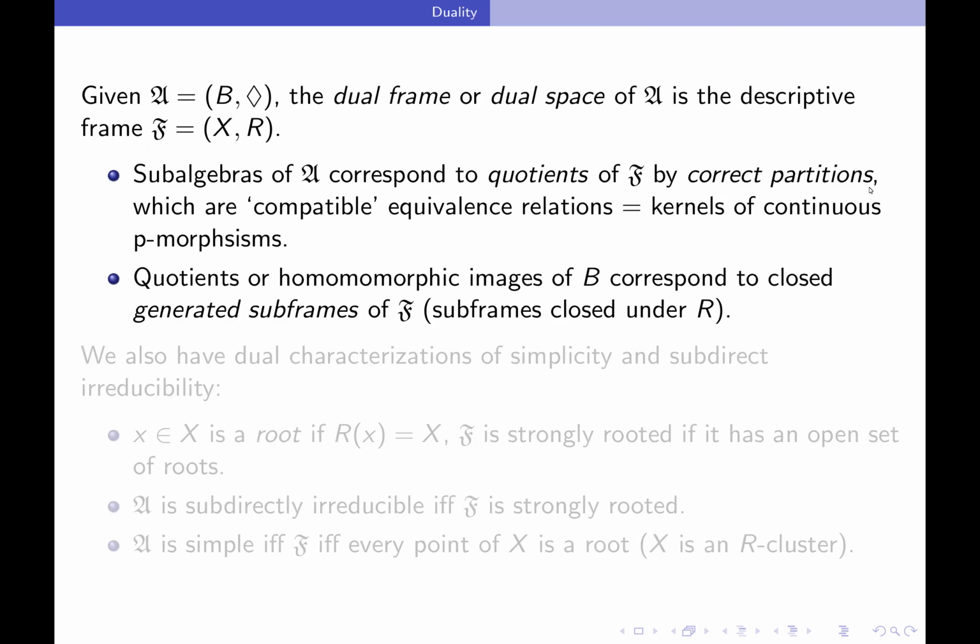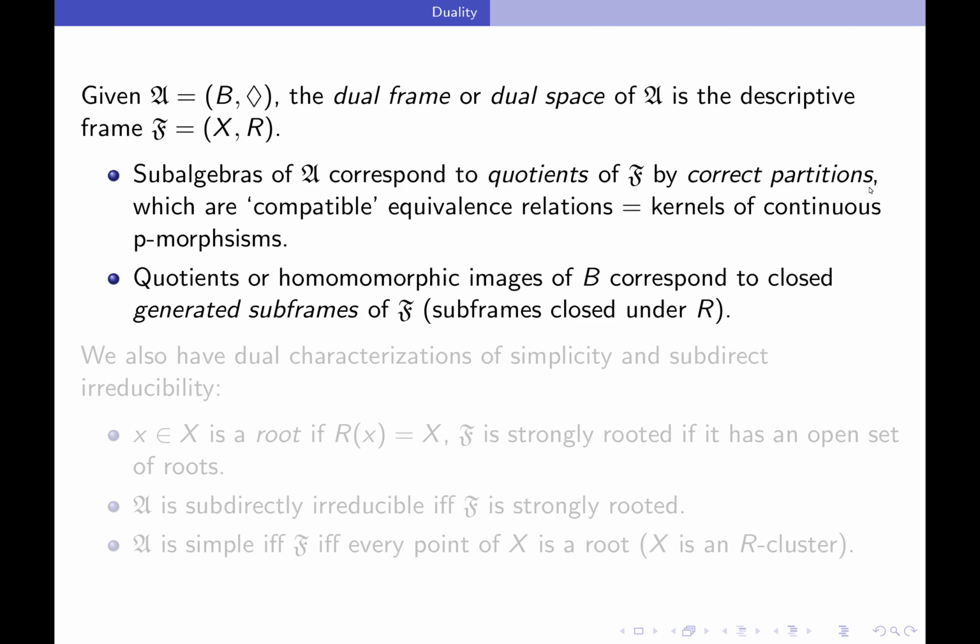Okay, so we have this full duality, and that's how I'm actually thinking of these algebras. And so I will often sort of blur the line, right? If I'm talking about an algebra A with box diamond, then I'll refer to the dual frame or the dual space of A as just this descriptive frame, which is a topo-relational space, right? So like a Stone space with relational structure.